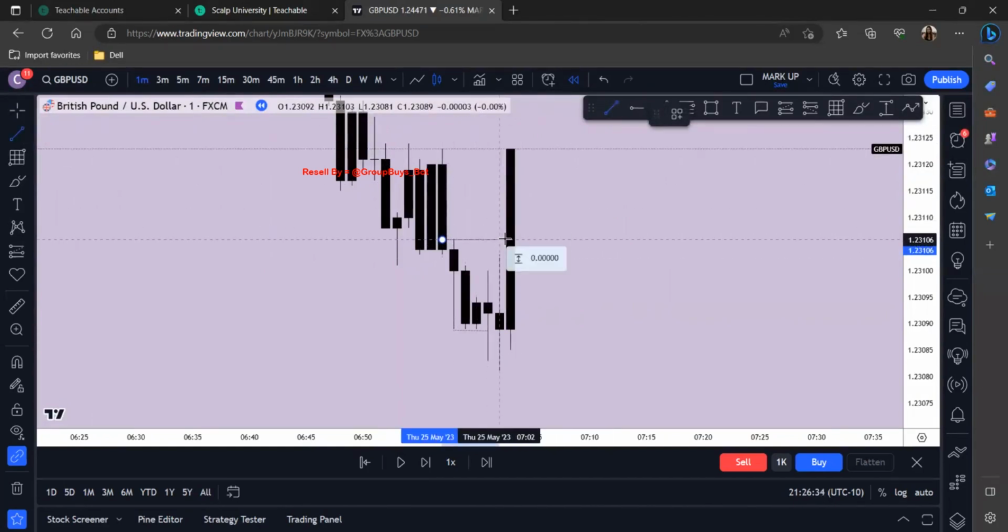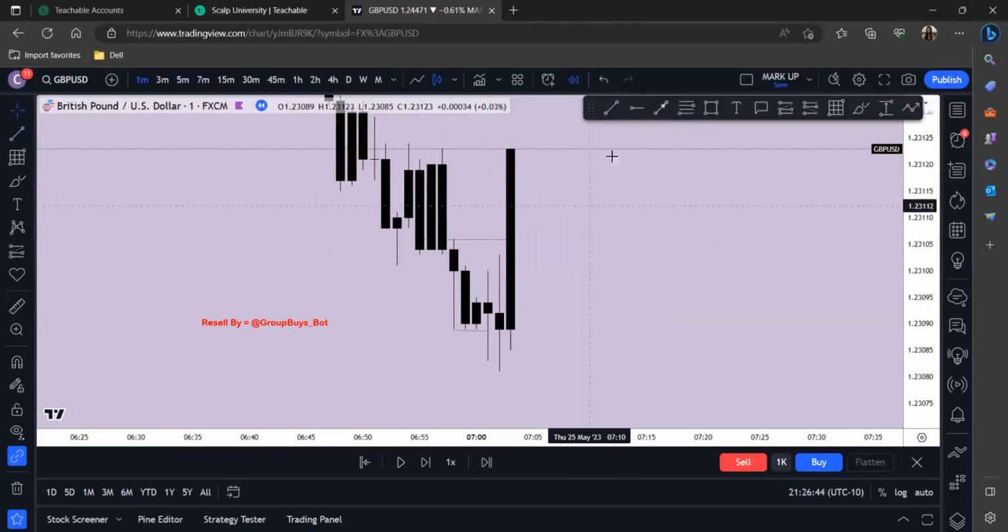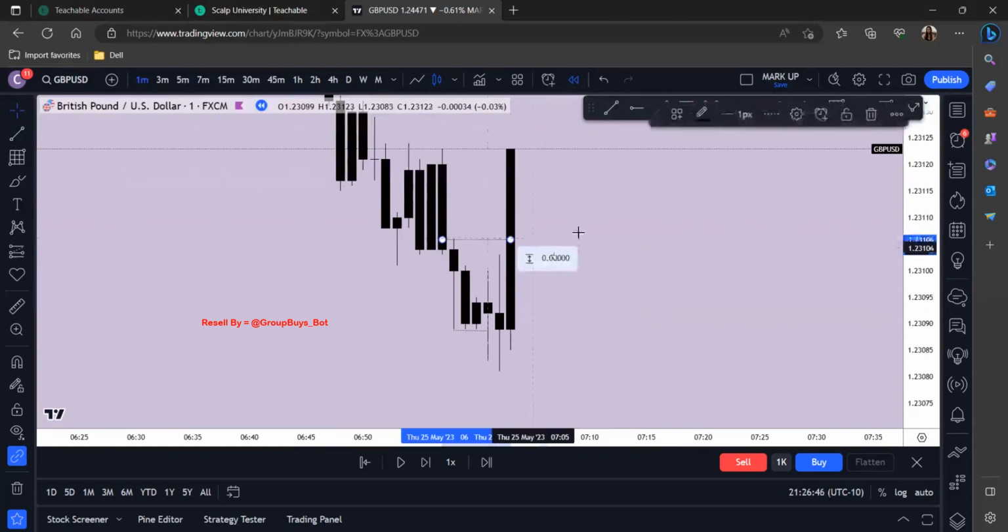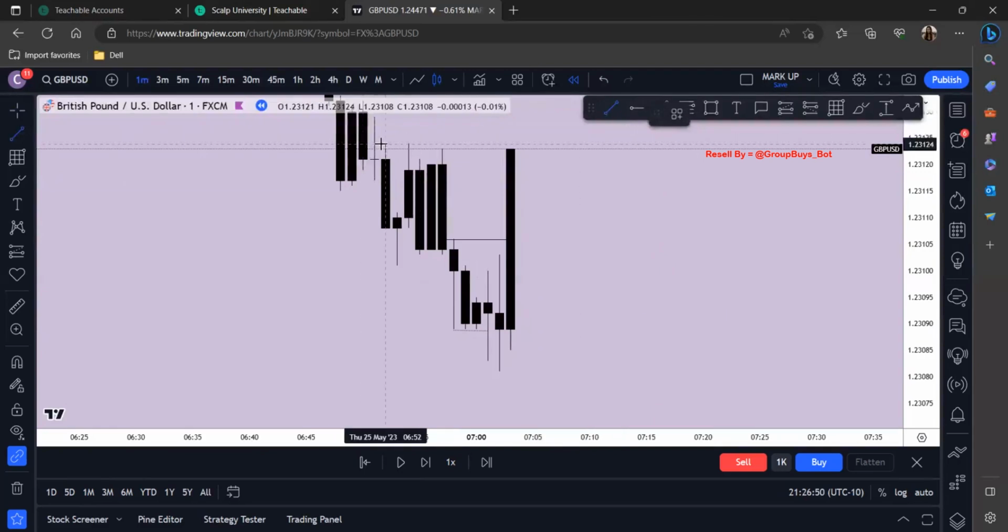And then if price continues to break this next high right here, that's definitely breaking major structure, and that's a good confirmation to continue bullish. Although we already had multiple confirmations to continue bullish, this would be another good one.